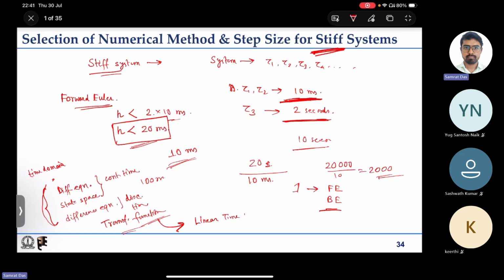Linear time invariant systems. So it is only valid for LTI systems. It is not valid for non-linear or linear time variant systems. But this is frequency domain.